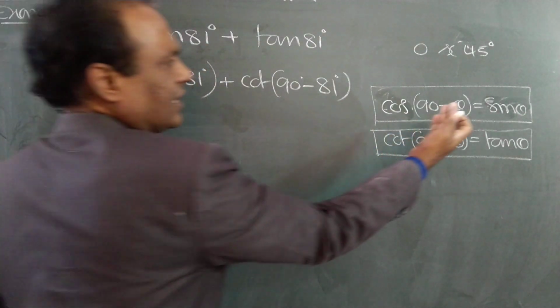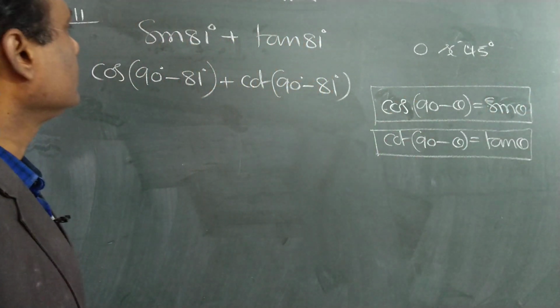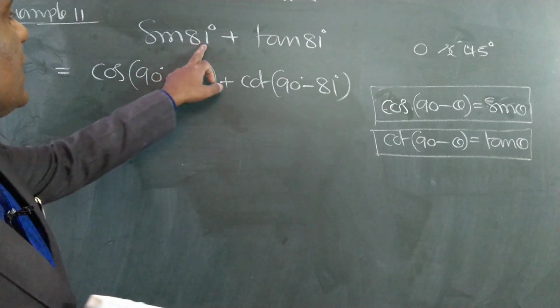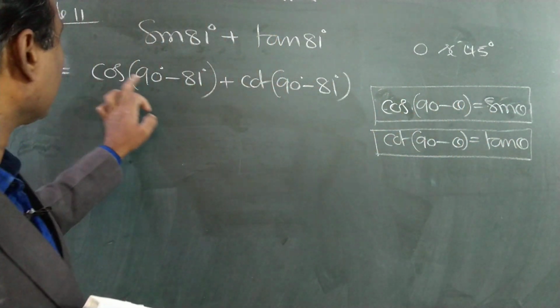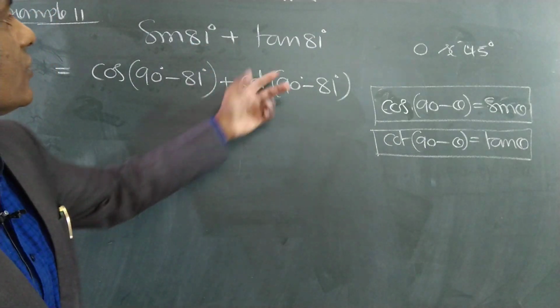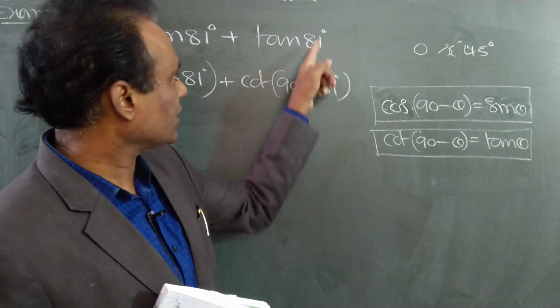Same formula in reverse order, you write reverse only. Sin theta is equal to cos(90 minus theta), so cos(90 minus theta) is 81. Same, tan is equal to cot(90 minus theta), so cot(90 minus theta) is 81.